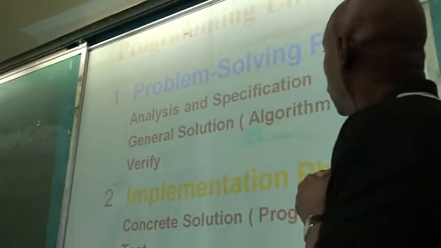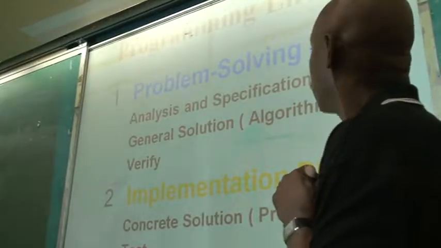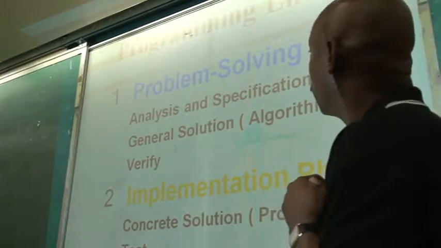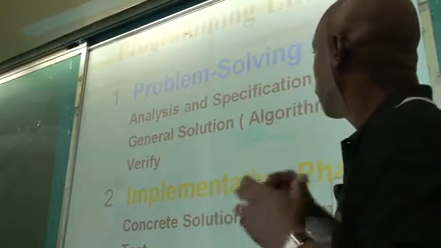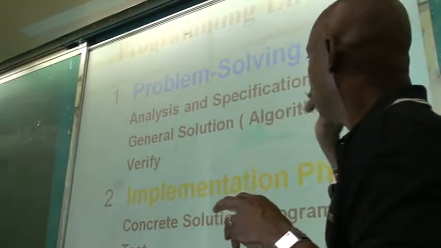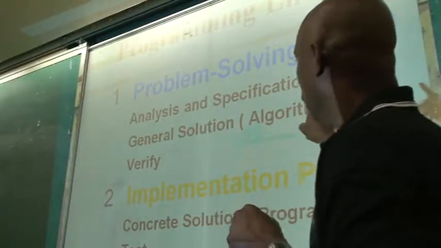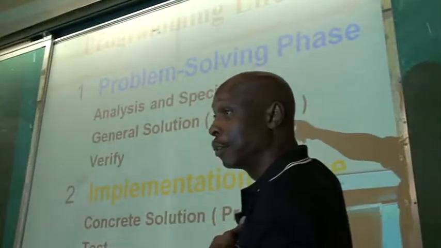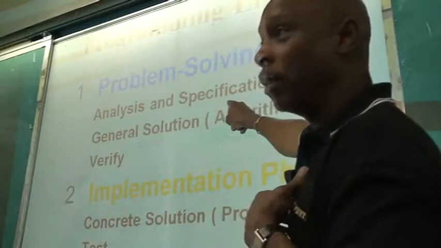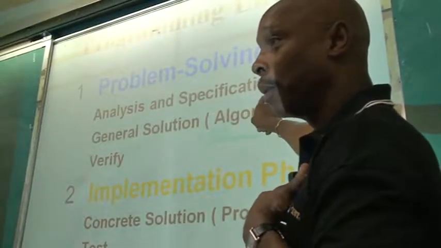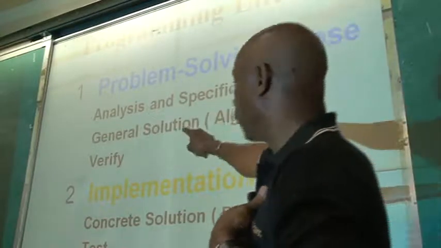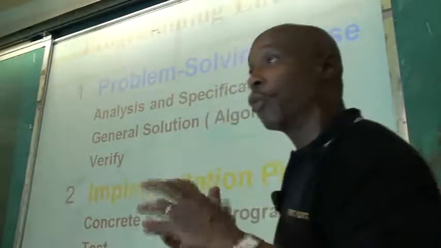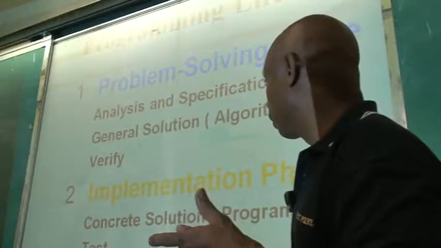Okay. So here we see our programming lifecycle, or our systems development lifecycle as I refer to it, broken down into a little more detail. Analysis and specification, general solution or algorithm, and this should say solutions because oftentimes we produce at least 3 possible solutions to the problem, evaluating the best one, and then moving on to the 3rd verification phase, and that's when you run some numbers through your algorithm to make sure it works.